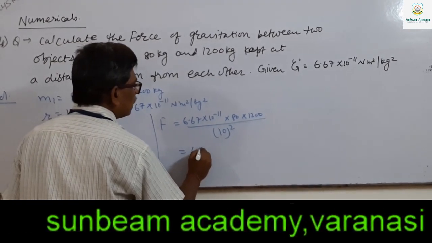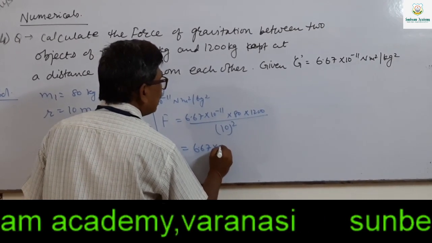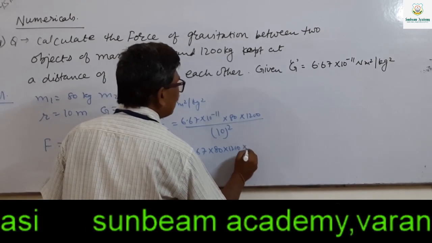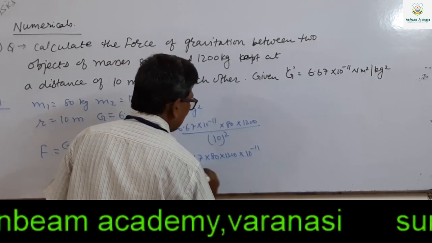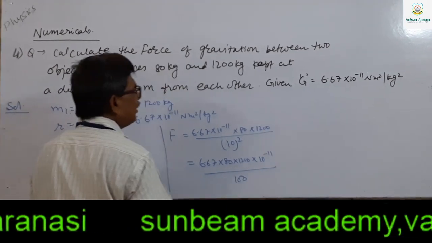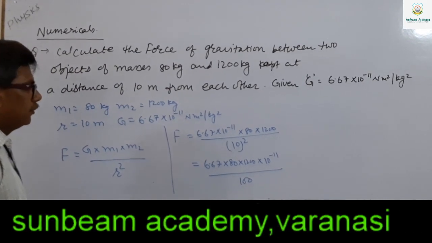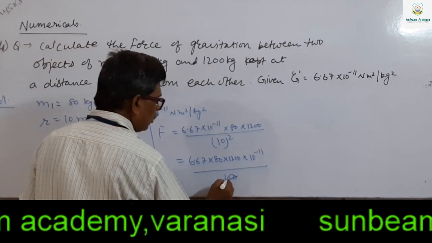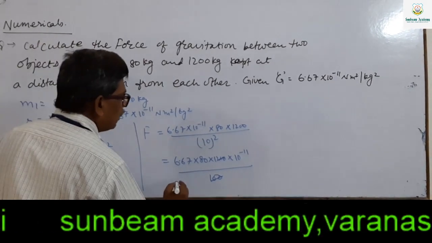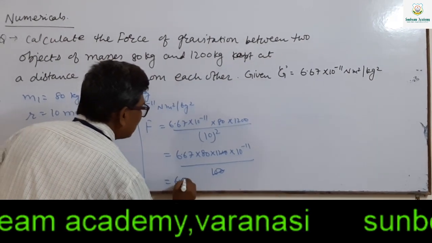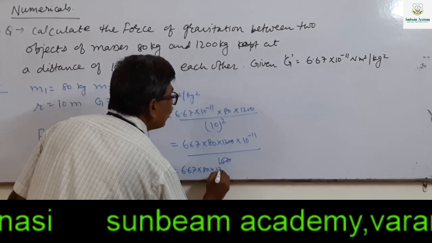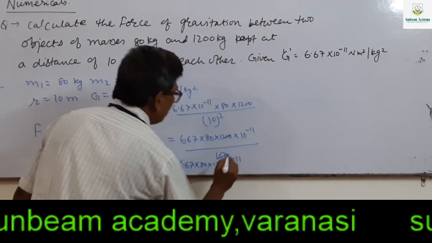Now you solve this: 6.67 into 80 into 1200 into 10 to the power minus 11 upon 100. Now this 20 and this 20 is cancelled. Now you multiply 6.67 into 80 into 12 into 10 to the power minus 11.